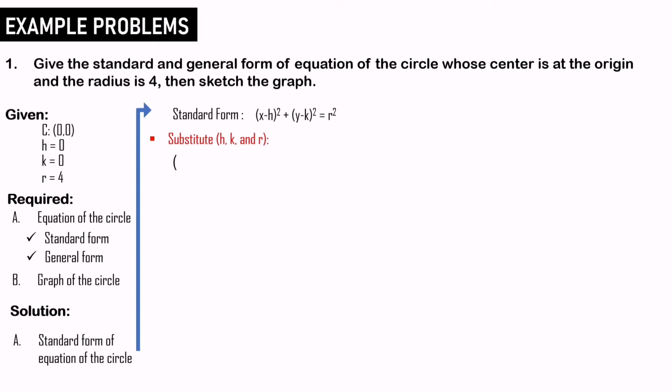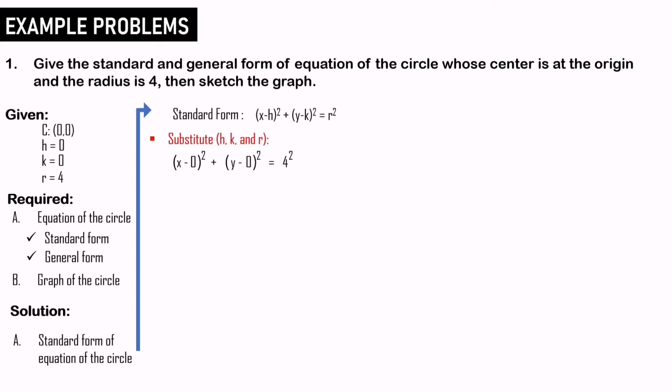So, ang mahitabo, we have x minus atong h kay 0 squared plus y minus atong k kay 0 pod squared is equal to atong r kay 4 squared.